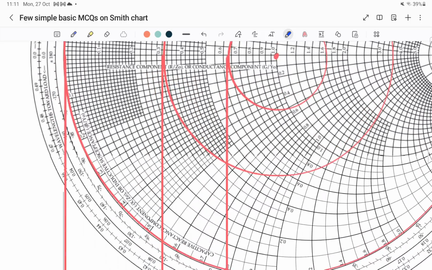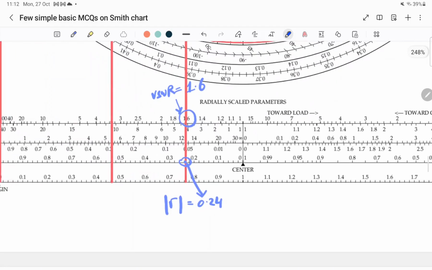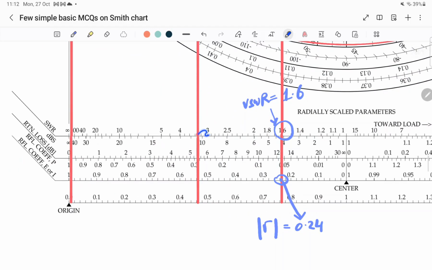Alright, now let us see this circle. If you drop a line from this radius to the bottom of the Smith chart, you can map it to the SWR and the reflection coefficient. The VSWR in this case is somewhat close to 3.3 maybe.